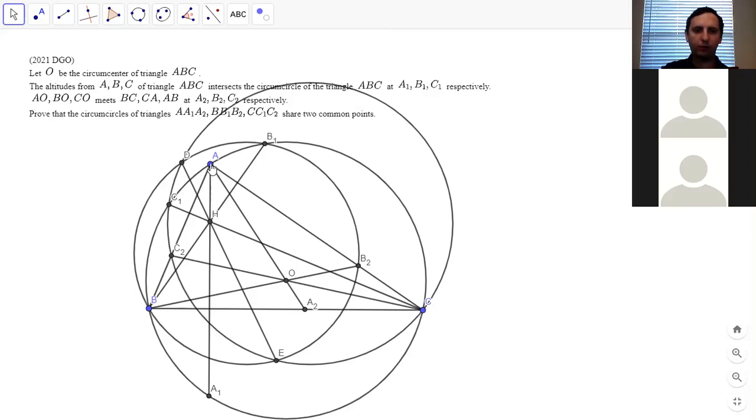So we want to show the ratio of the power of A with respect to these two circles. I mean, really, we need to show it for all 3 of these points, right?